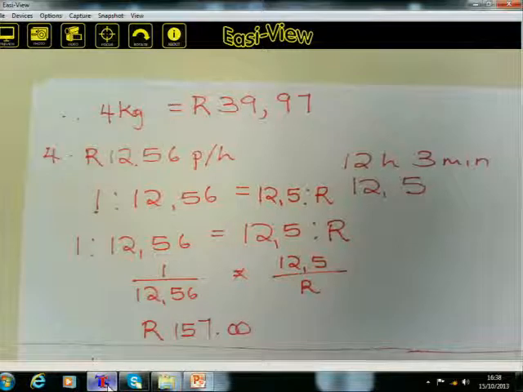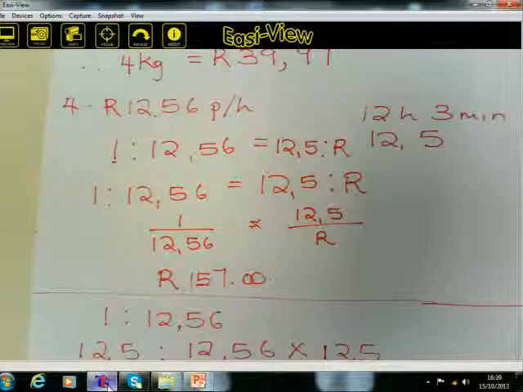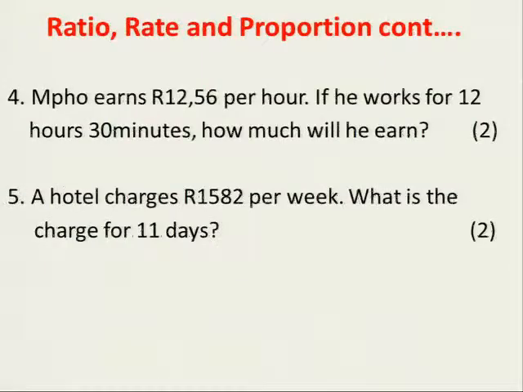And then we go to number 5. The question for number 5: a hotel charges 1,582 per week. What is the charge for 11 days? A hotel charges 1,582 per week.